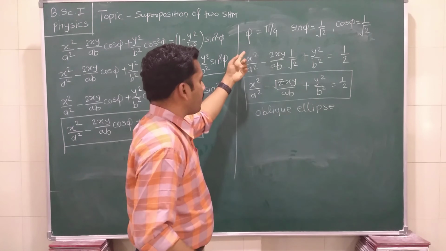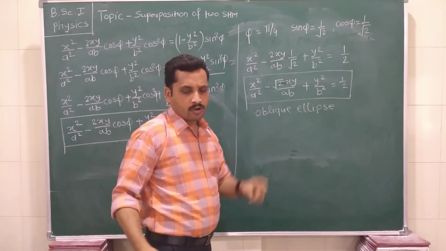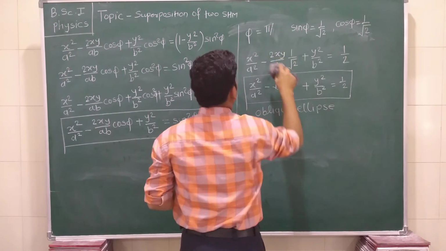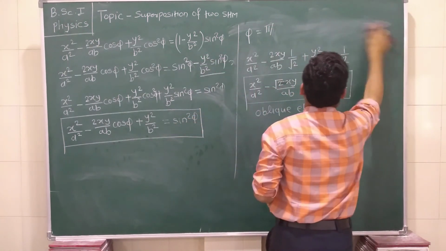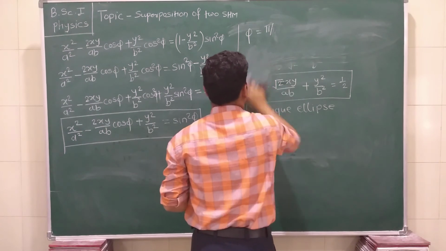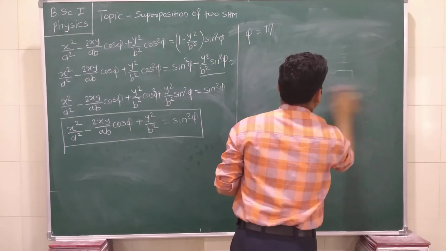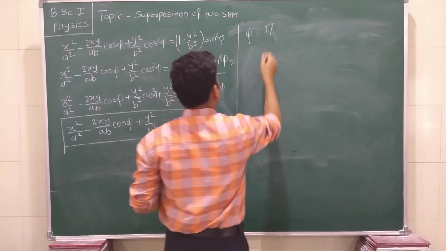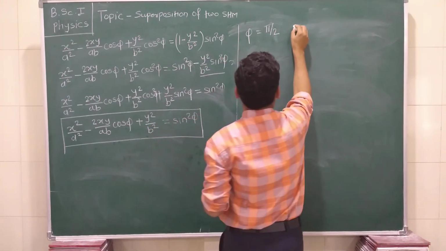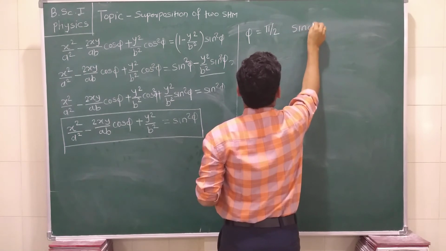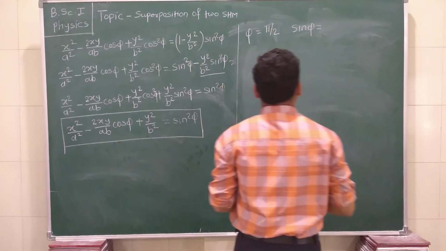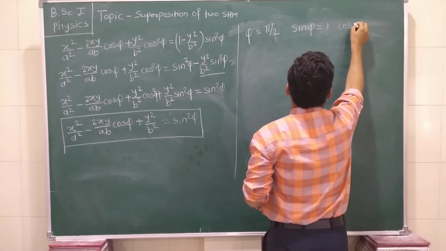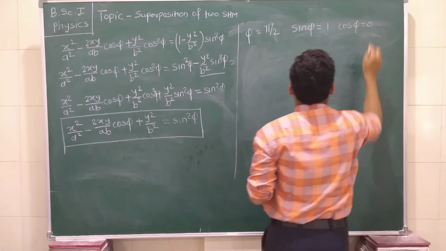Now if the phase difference is equal to π/2, then what happens? If it is equal to π/2, then sin φ is sin 90, which is equal to 1, and cos 90 is equal to 0.